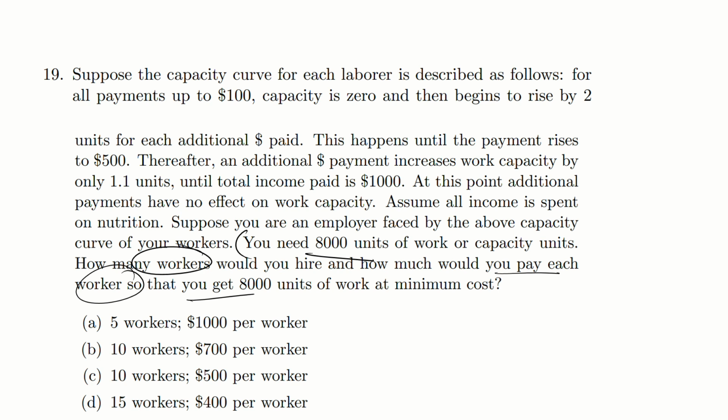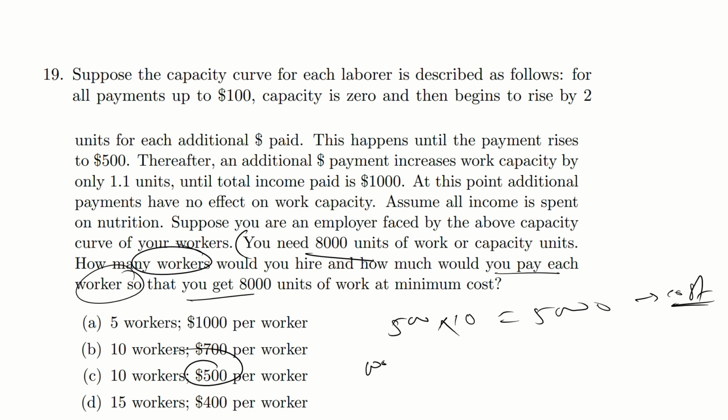So if I choose option C, we are paying 500, and there are 10 workers, so 5,000 for the 10 workers. This is the cost involved.